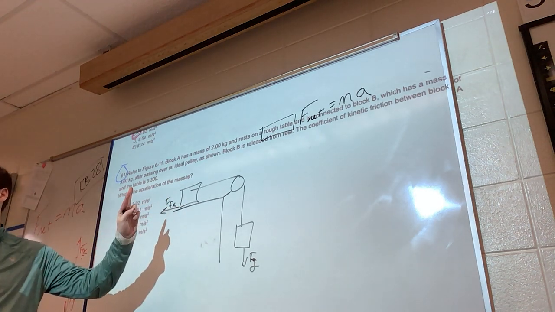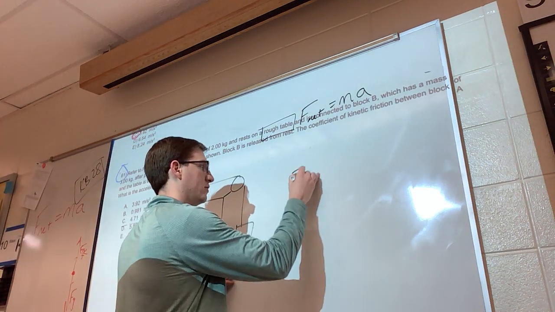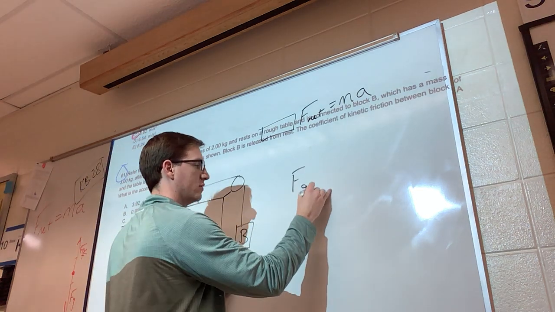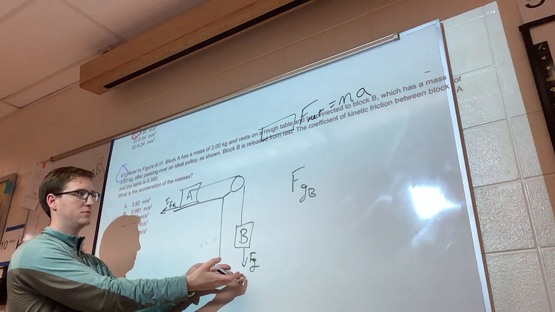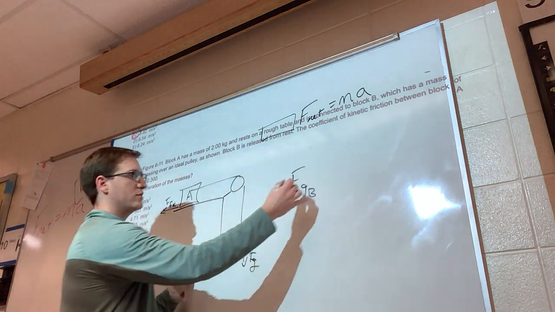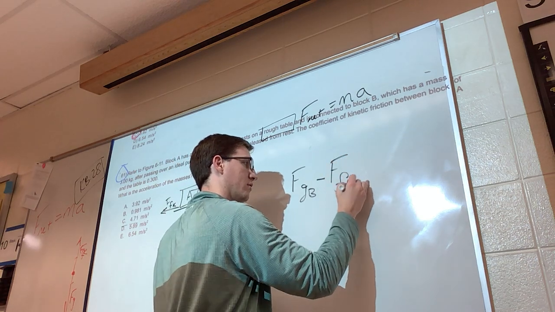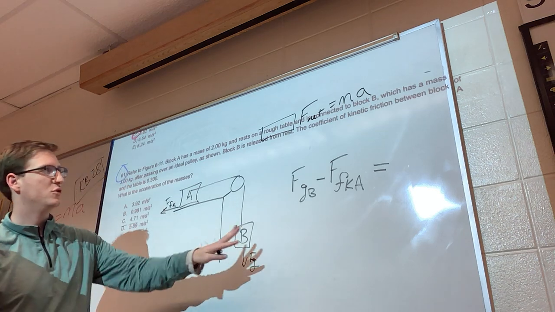So there's 2 forces. I've got this force, Fg for B, and realistically, it's going to win. But it's being resisted by Ffk from A.